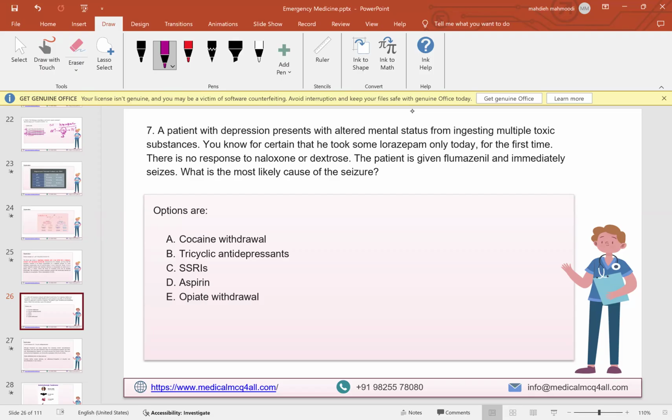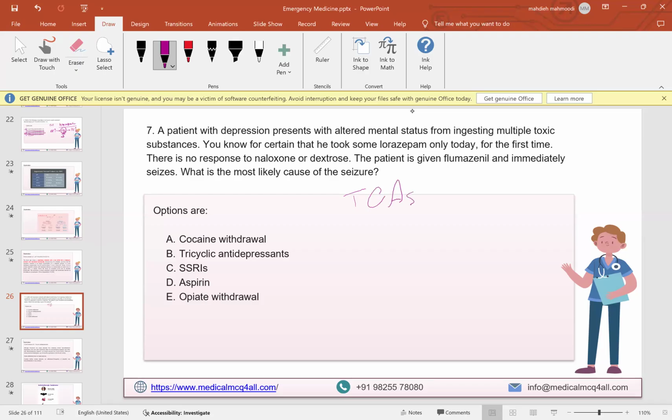It's mostly not lorazepam itself. Lorazepam itself is an anti-epileptic drug against seizure. So it's not that.